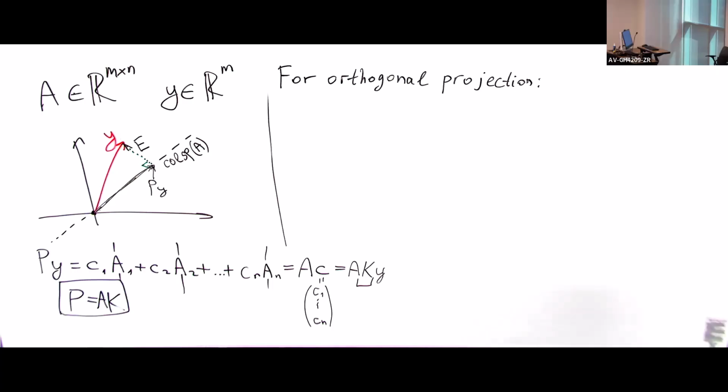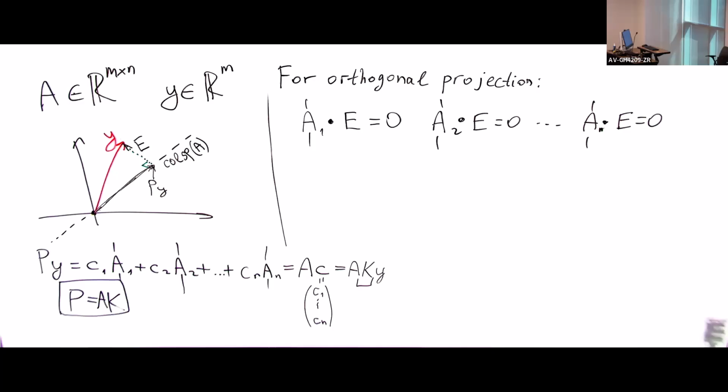So what needs to happen is that A1, which is the first column here, dot product with E should be what? 0, orthogonal. A2, same thing. Dot E is 0. And so on. An dot E equals 0. So all of them 0.